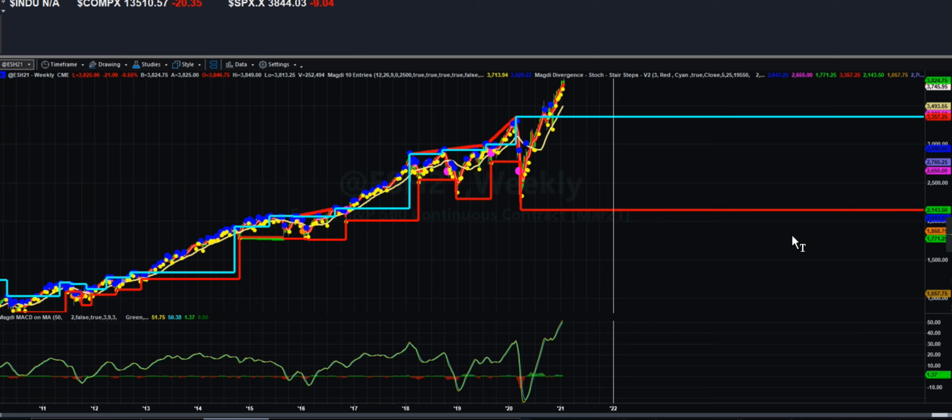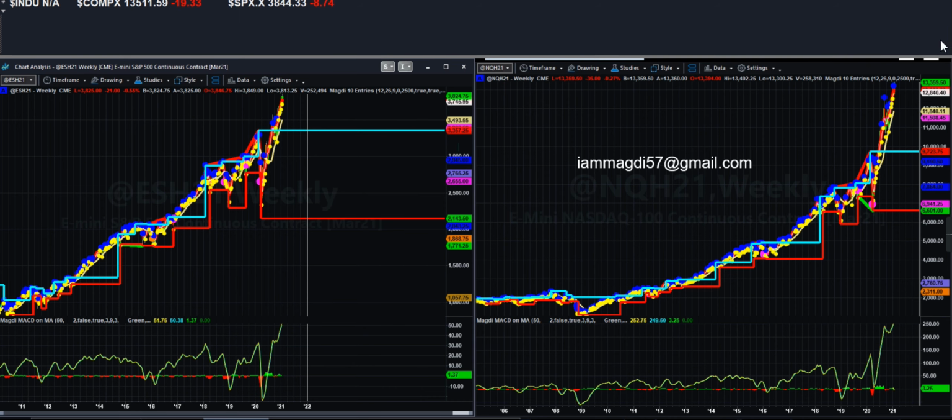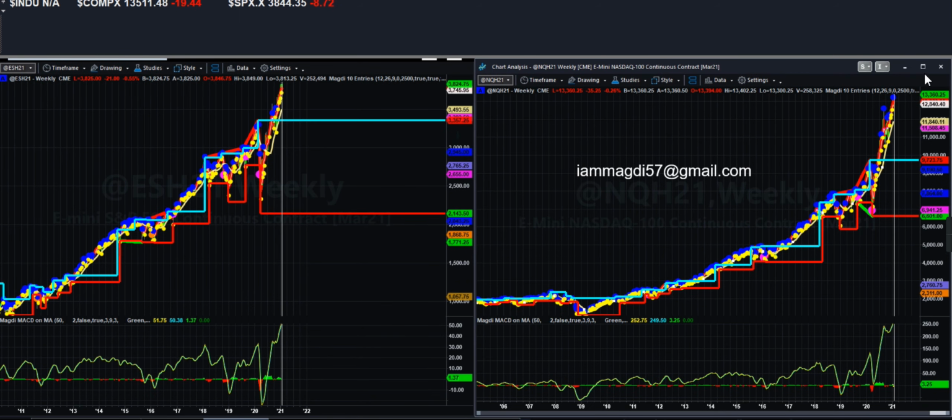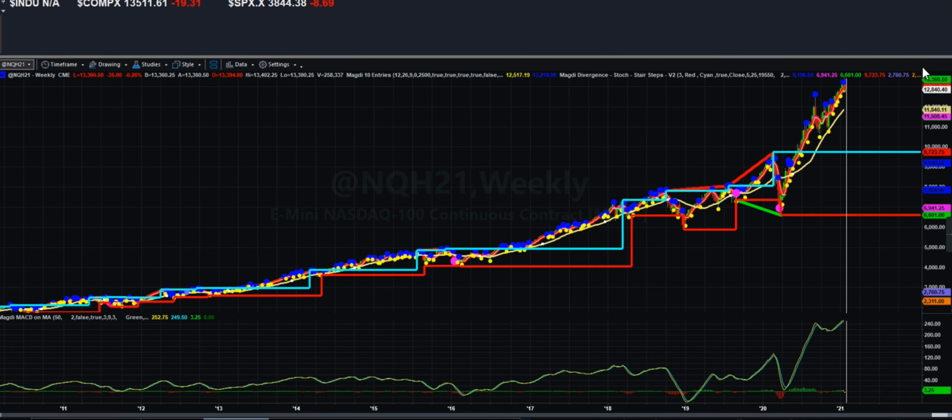That's where I get my number 2142 on S&P, or 2200. It may not happen right now. It may go up a little bit more, but guys, this is a support resistance. It's hit really high, and the same here with the Nasdaq. It's going to happen, but when, I don't know.